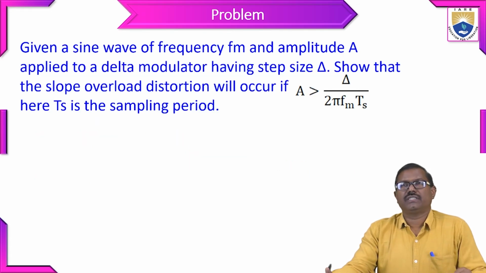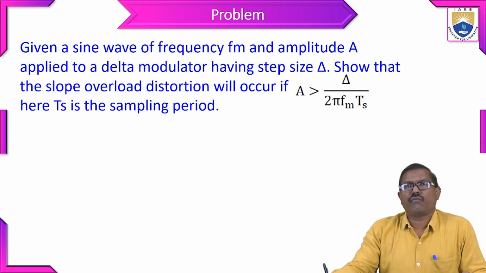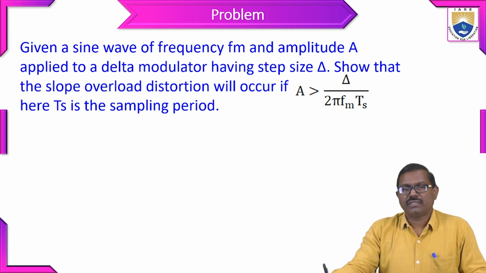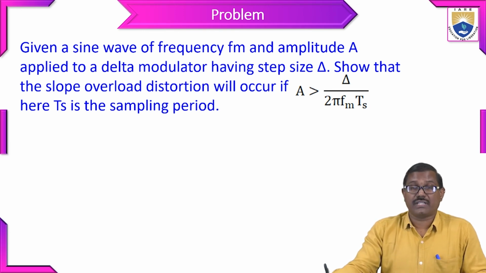Here we are taking a small problem: given a sine wave of frequency FM and amplitude A applied to a delta modulator having step size delta, show that slope overload distortion will occur if A is greater than delta by 2 pi FM Ts, where Ts is the sampling period. Here we are using the previous condition we discussed.